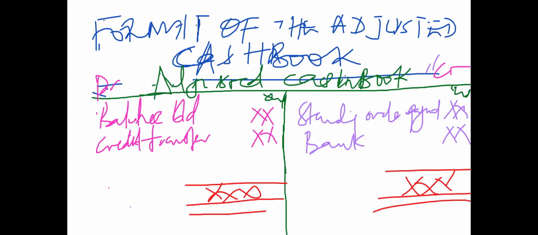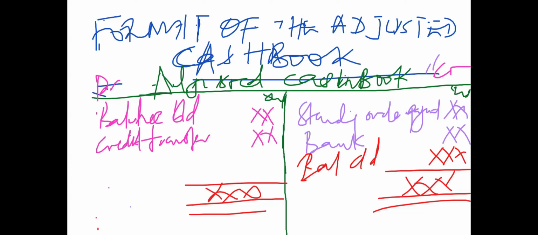Now, if the difference is on the credit side, then that would be a balance carried down. So we can have this as a balance carried down. Let's say of this, that would be a balance brought down this side.